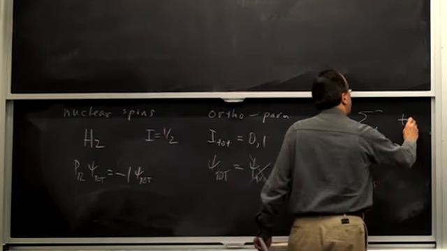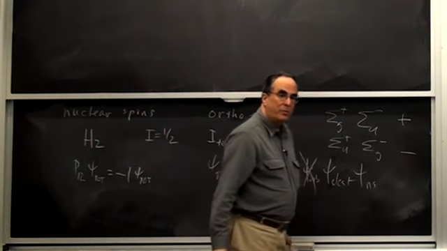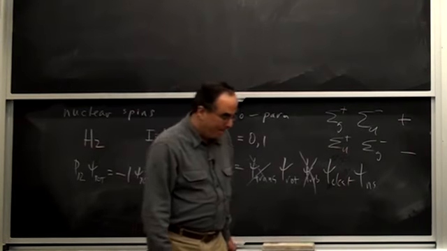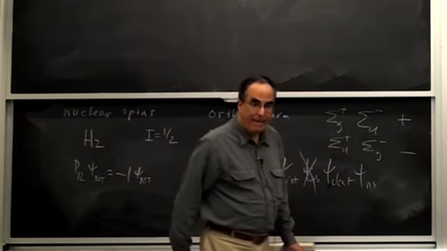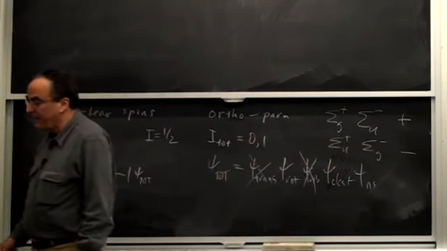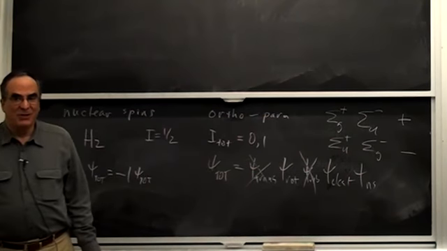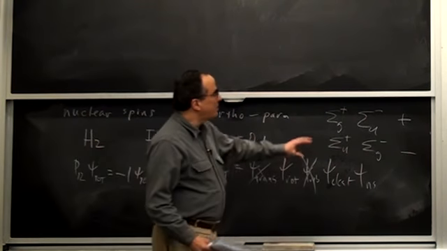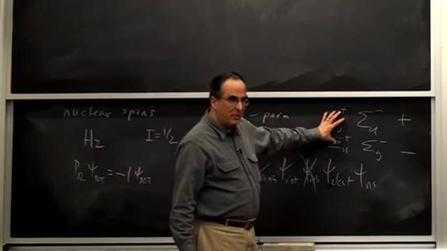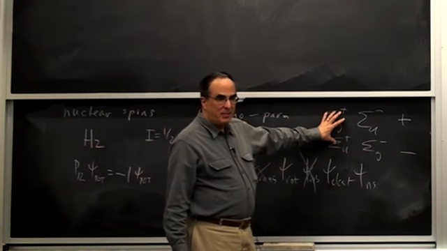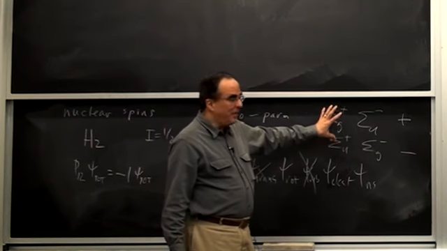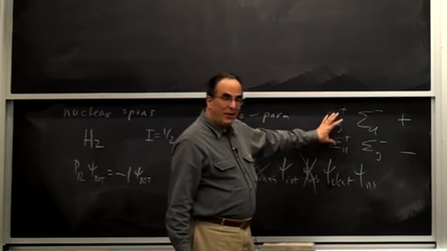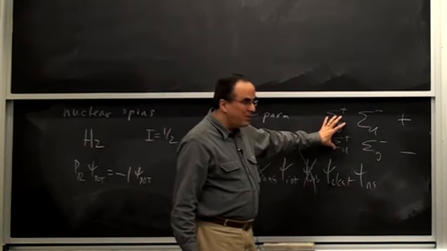So these are positive and these are negative with respect to the permutation. And that's the only thing I'm willing to say with authority, but I'd like to be able to say why this is true. And it would be nice to be able to say this with a diagram. And I thought I had it, but I don't. And so all I can do is assert this.